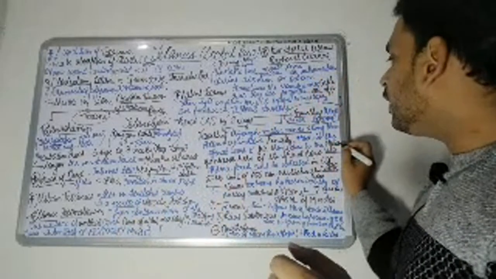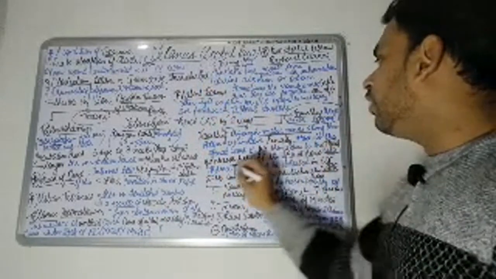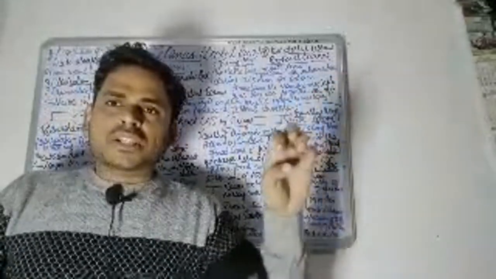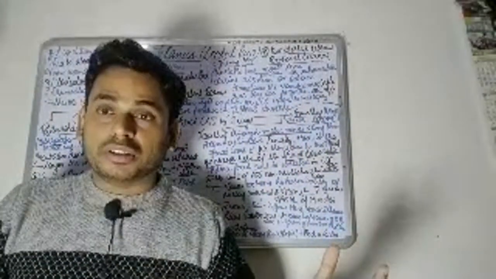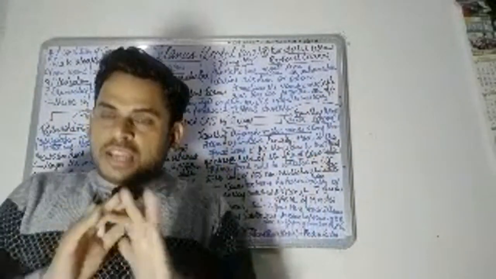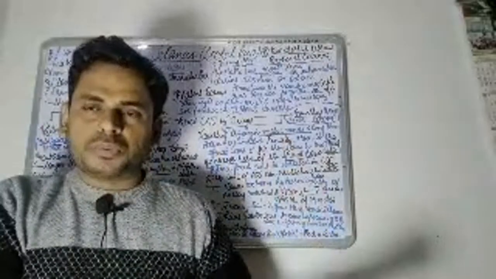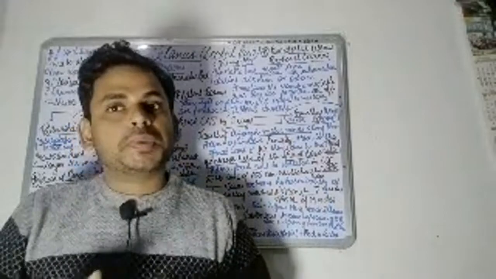Do remember, the toxins of tetanus are going to get fixed to the motor cells of the anterior horn of the spinal cord. Now, one thing very, very important that I would like to lay stress on: once this toxin has got fixed on the motor cells of the anterior gray horn of the spinal cord, its level cannot be detected in the cerebrospinal fluid.